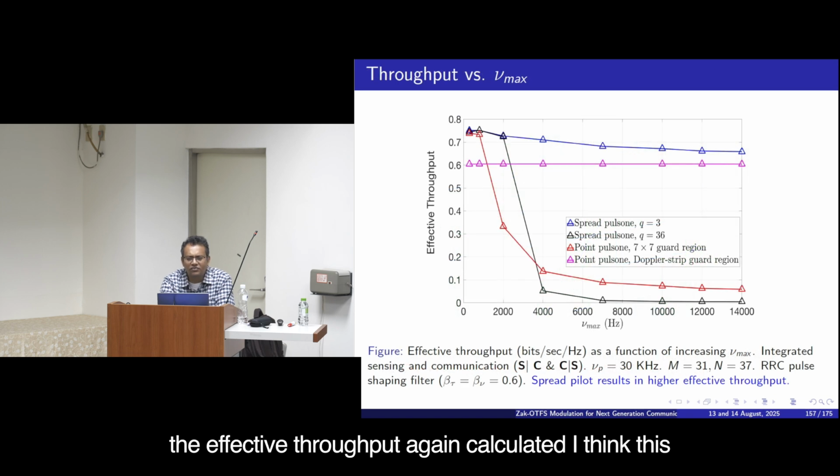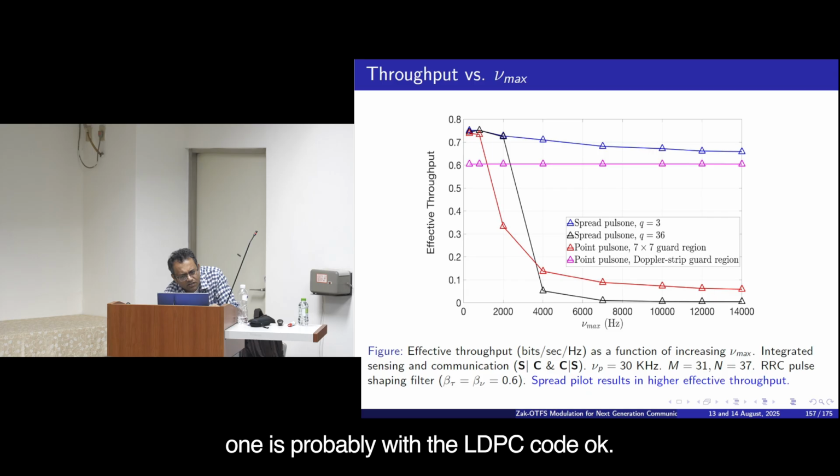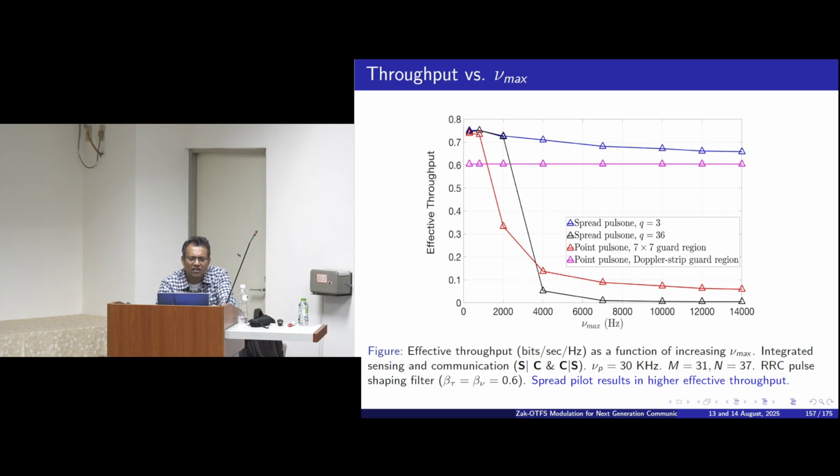And this is the effective throughput, again calculated, I think this one is probably with the LDPC code. What we saw was that, in blue you have your spread pilot with q equal to 3, that is very good.